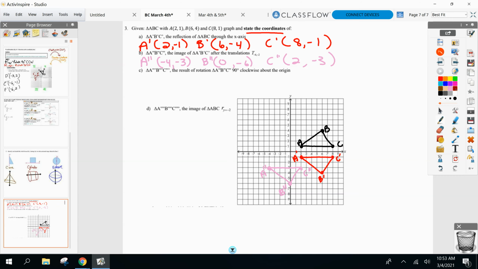One-quarter turn to the right because it's clockwise. Or if you're going to remember the rule, this is a rotation of -90.